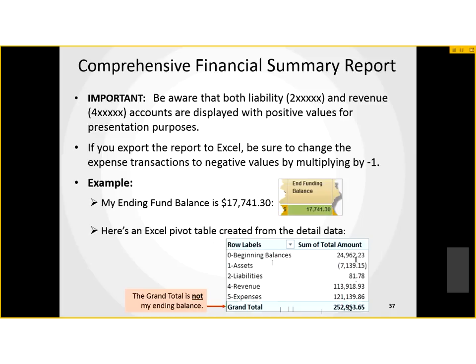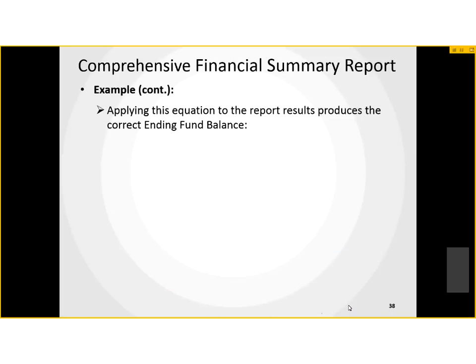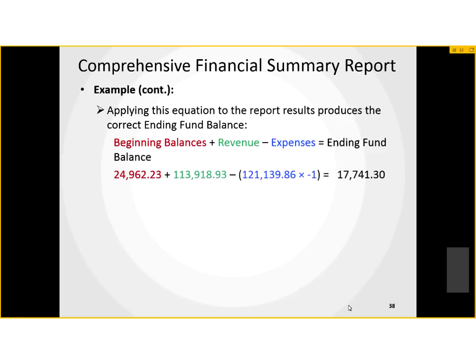What you need to do is understand the math of how the ending fund balance calculation is made. This is the equation that produces the ending fund balance: beginning balance plus revenue minus expense equals your ending fund balance. Here's how the math works. $24,962.23 was my beginning balance on this report. You can't see that, but trust me, it's there.